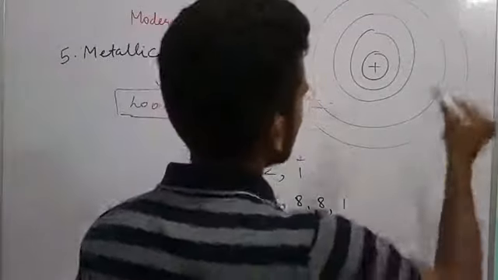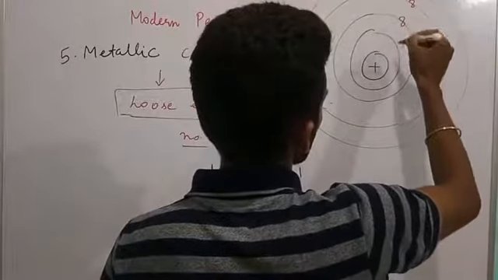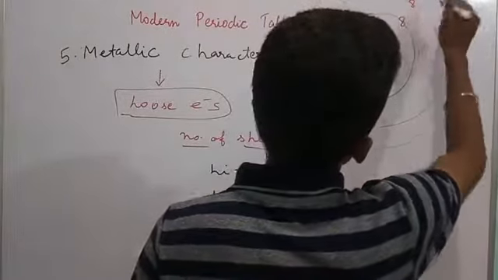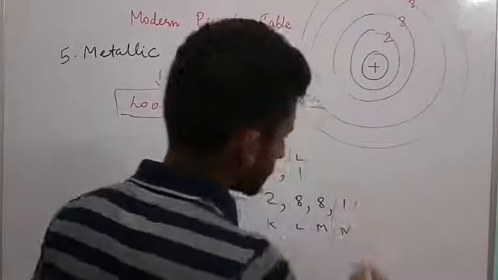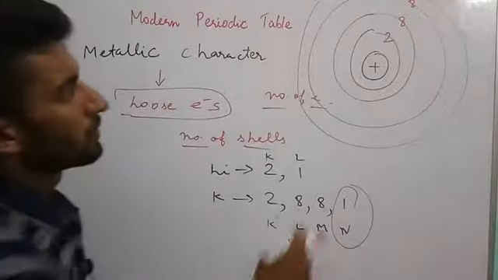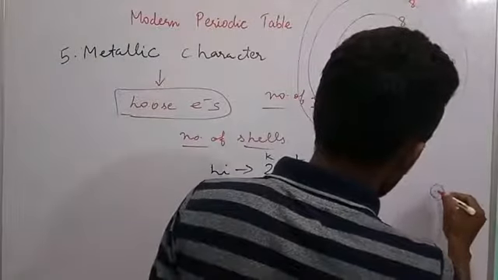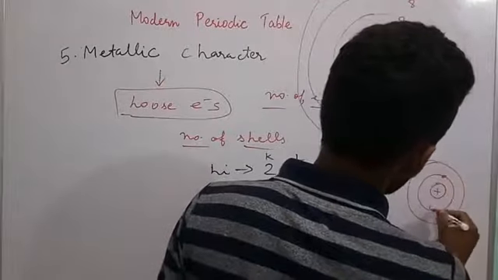Here I am drawing only the last electron, rest you people know it also has 8, this also has 8, and this one is having 2 electrons. So this one is the 1 electron present in this very shell, so that I had drawn there. This one is very far away compared to the electron present in the outermost shell of lithium.